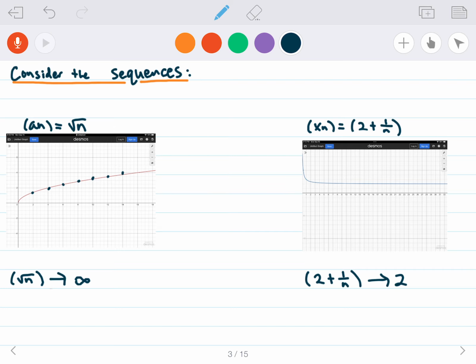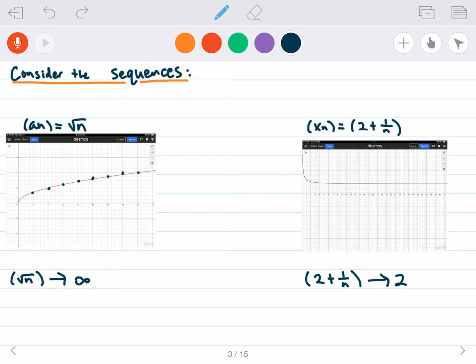And we know that the square root function grows slowly relative to other functions you've studied, but it still goes to infinity. So this thing diverges off to infinity. We can let n get as large as we want, and so the square root of n is also going to get as large as we want.